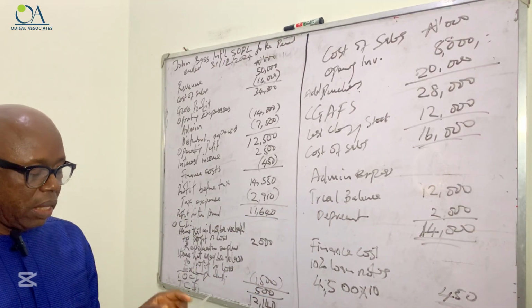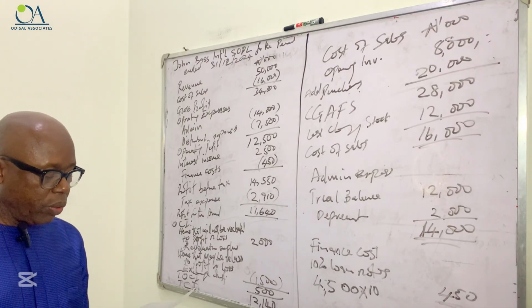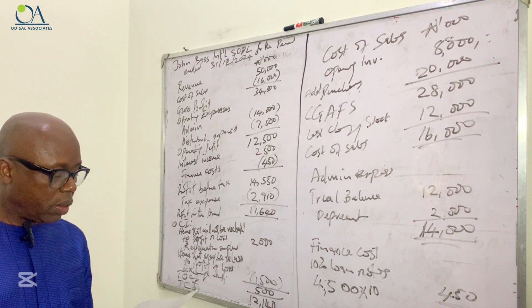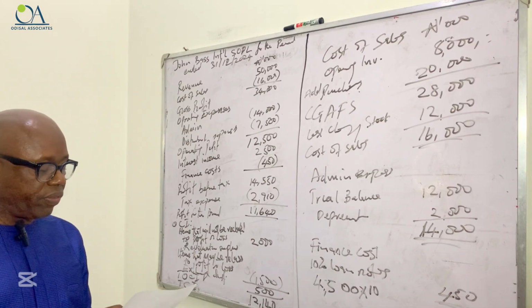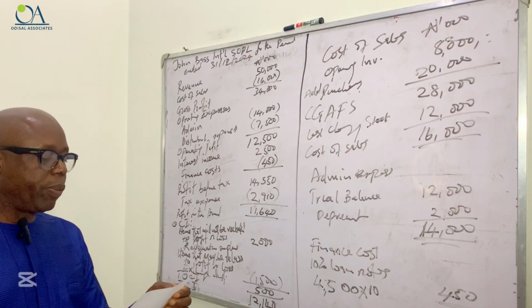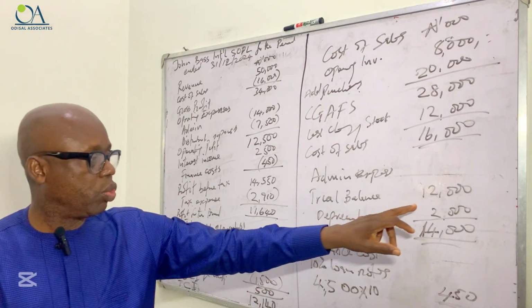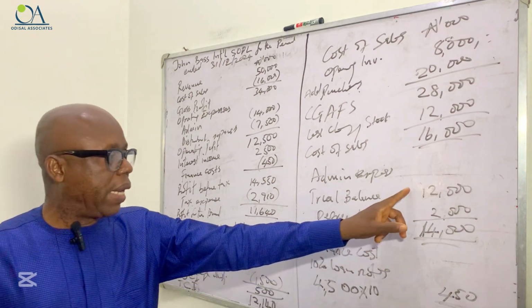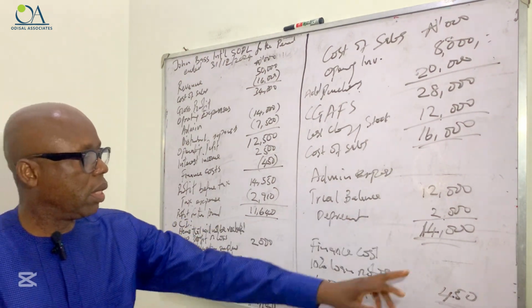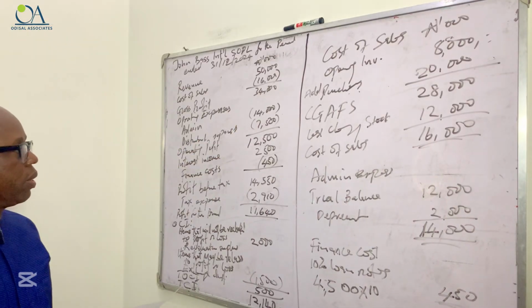If you look at the admin expenses in trial balance, then we will compute depreciation. They say depreciation of PPE is 5%. So look at the PPE there in the question. PPE is 40 million. If you compute 5% of it, you have 2 million. So if you add it to admin expenses, you have 14 million. That's why we brought the 14 million here.